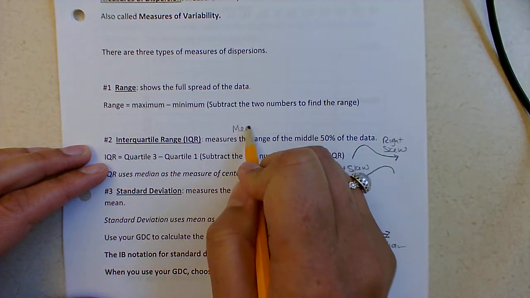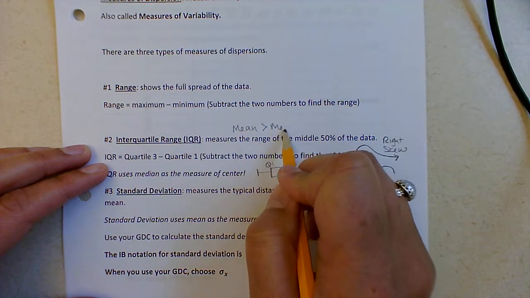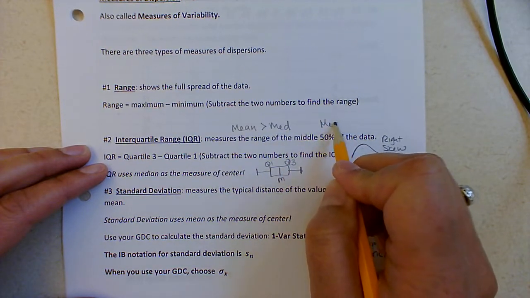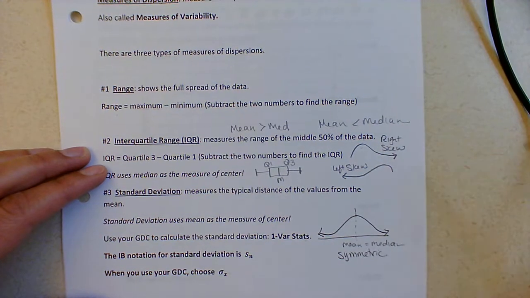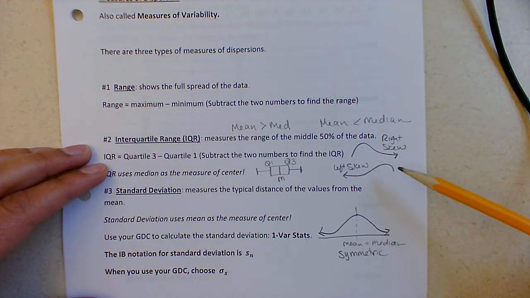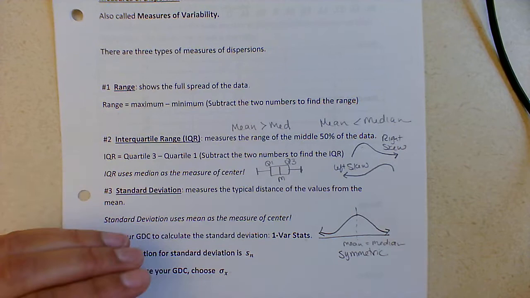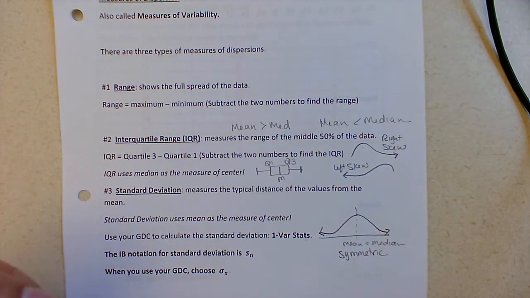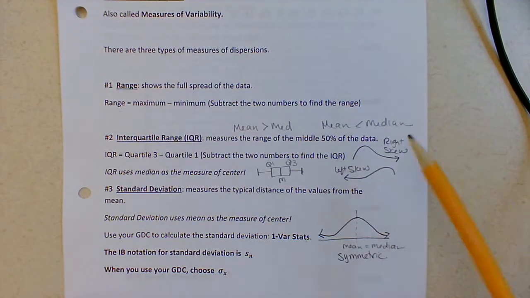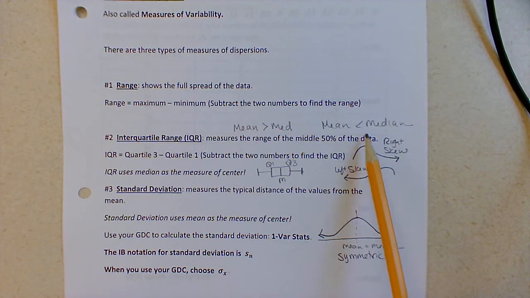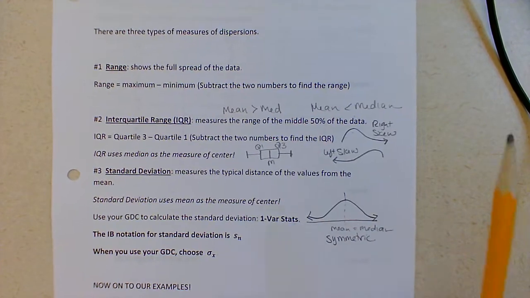Here, the mean is either greater than the median, or the mean is less than the median. In another video you learned about right skew and left skew, and when it was greater than or less than. If you don't remember which skew matches up with greater than or less than, please go back and review that. I'm just refreshing your memory. This video is not about how to determine skew, it's about what spread means. So let's go on to our examples.